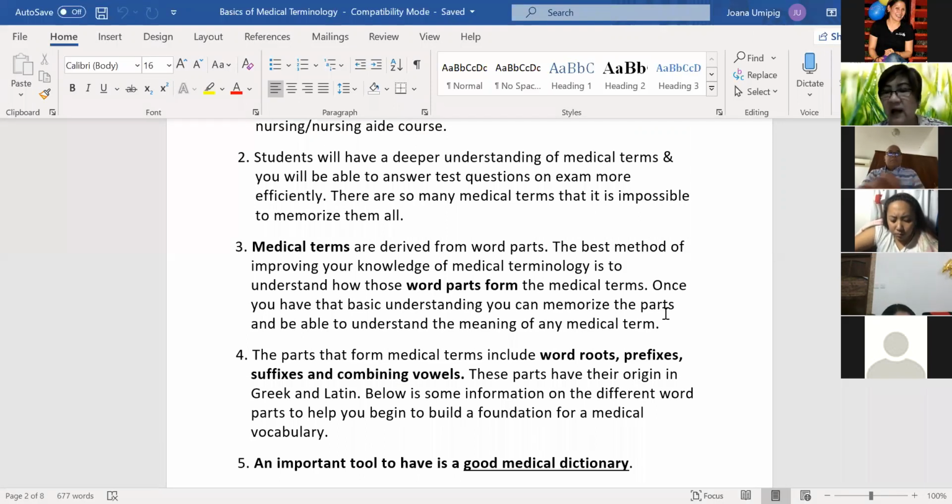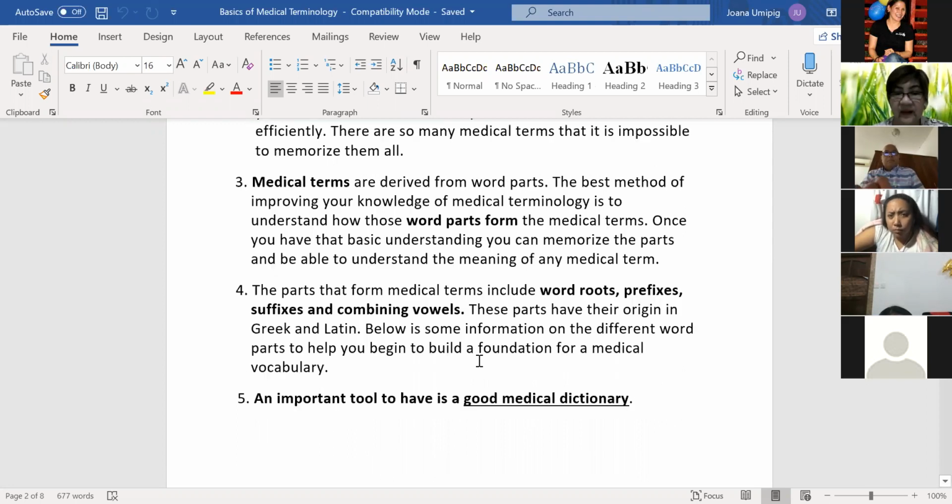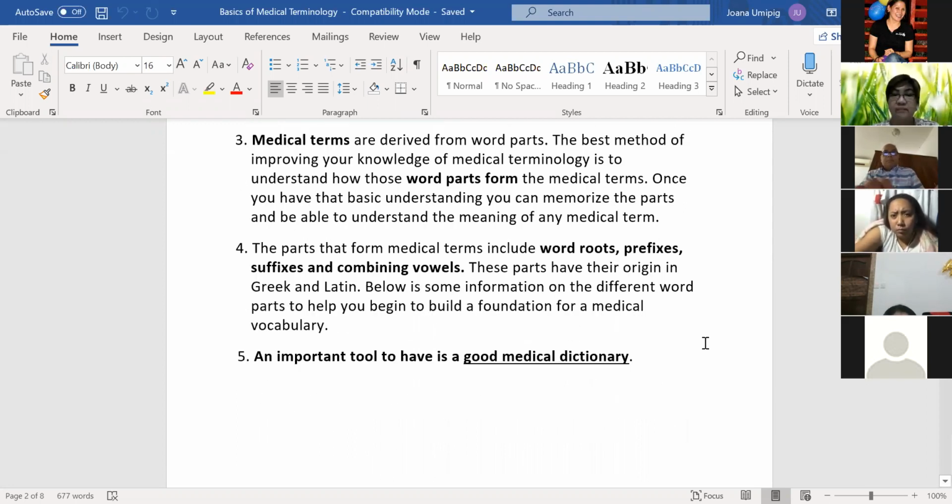So meron tayong mga root word. Meron tayong word part na dinadagdagan natin sa umpisa at saka sa huli. Once you have that basic understanding, you can memorize the parts and be able to understand the meaning of any medical term. The parts that form medical terms include word roots.